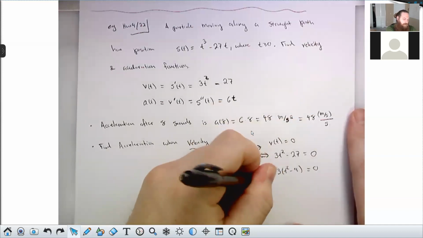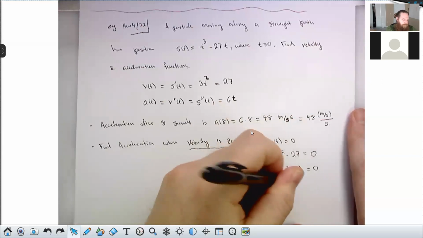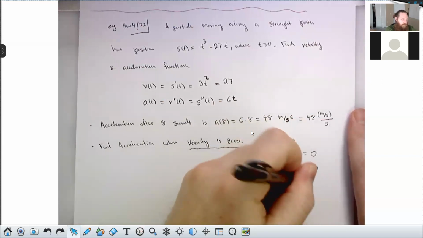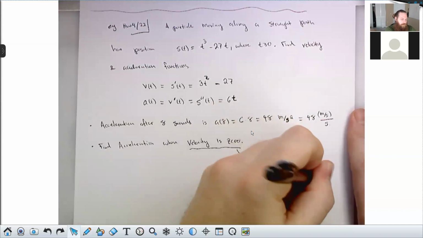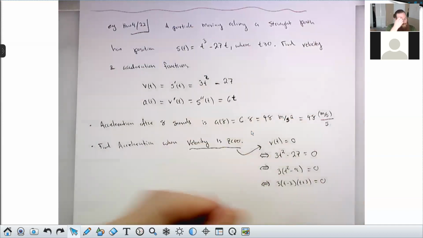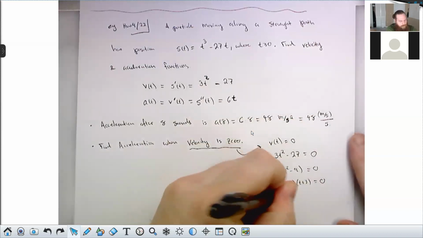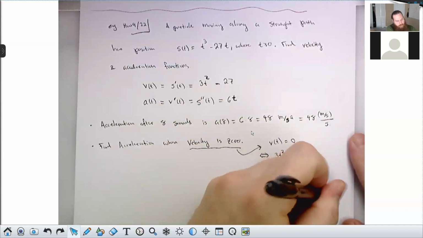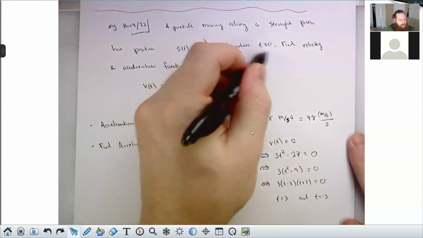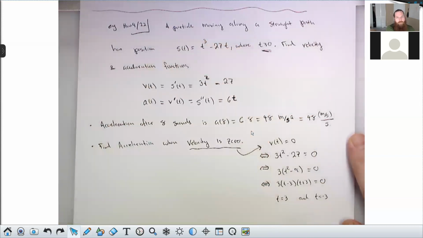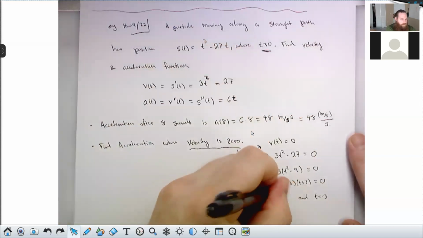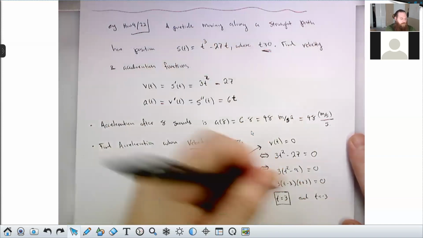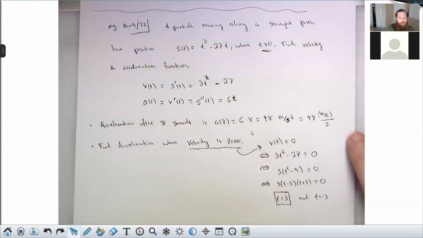And I can factor t squared minus 9 as a difference of squares. That's t minus 3 times t plus 3 equals 0. So my two possible solutions here are t equals 3 and t equals negative 3, but they've told me that t is meant to be positive here. I'm not interested in any negative t values. So t equals 3 is the one we take.